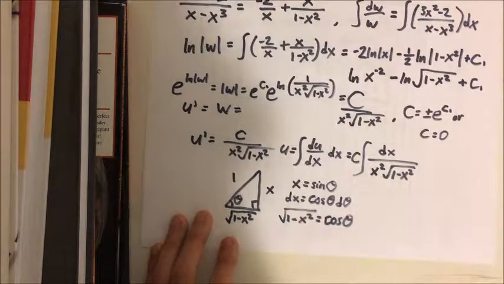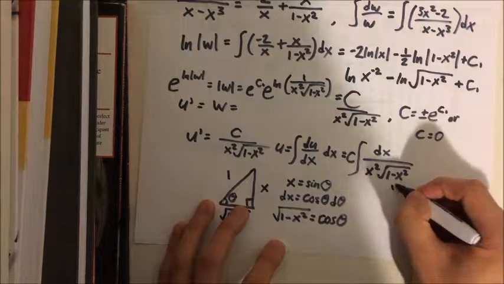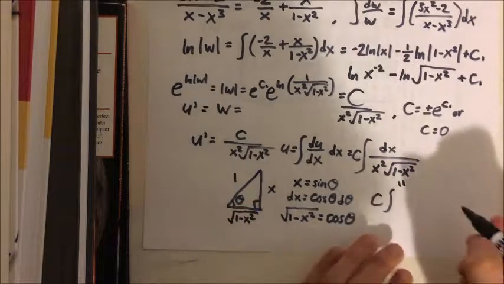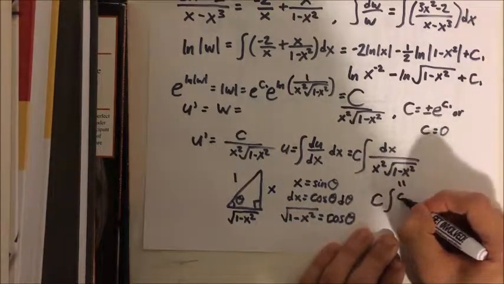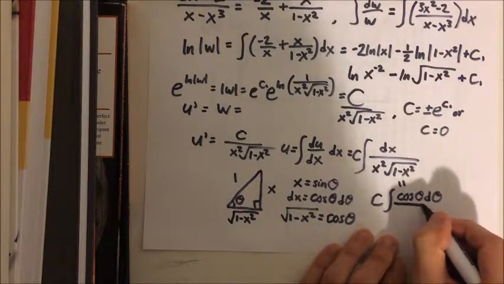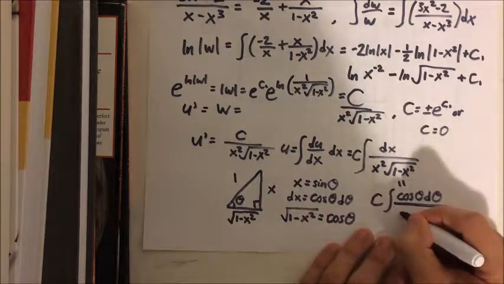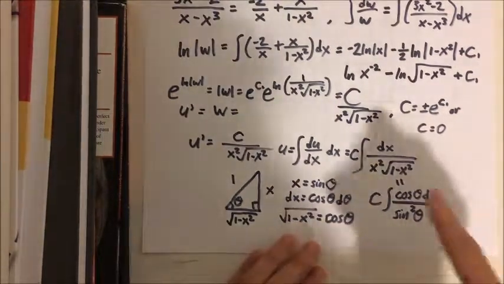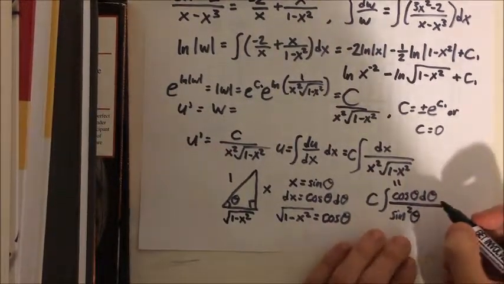So that makes this a lot simpler to express. It equals c times the integral of, dx is cosine of theta d theta, x squared is sine squared of theta, and the square root is equal to cosine of theta.